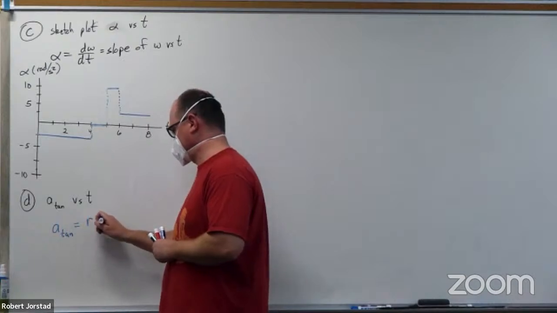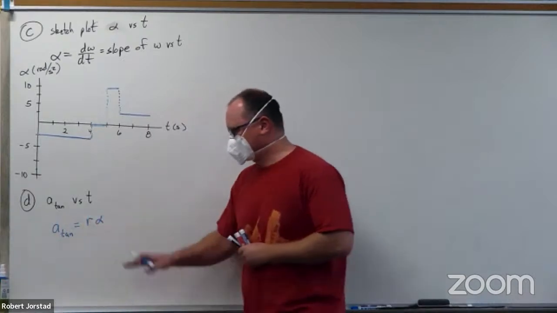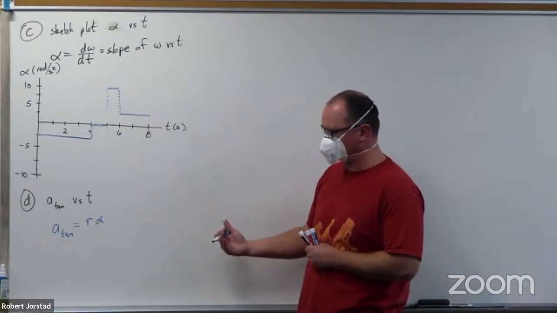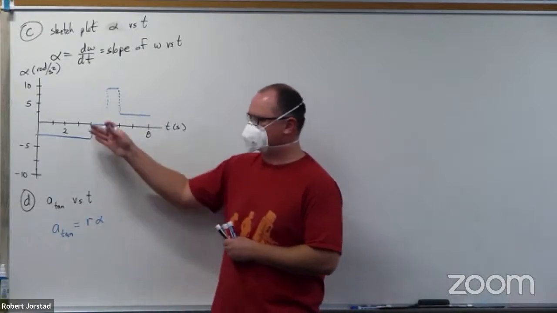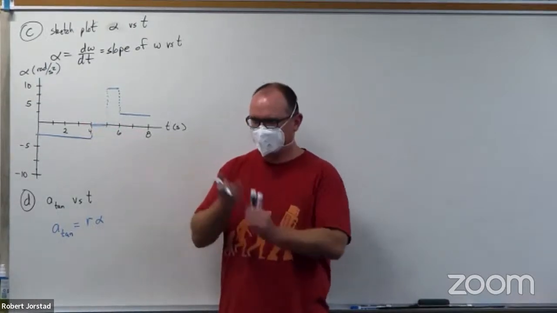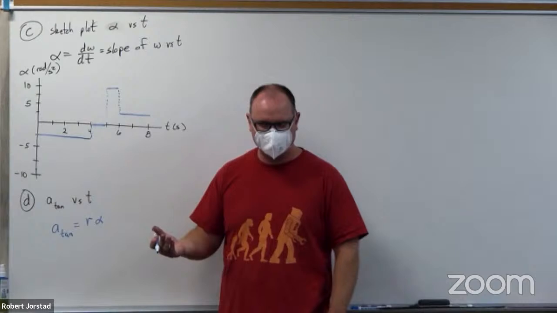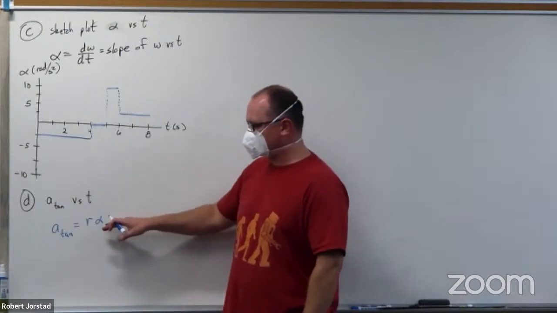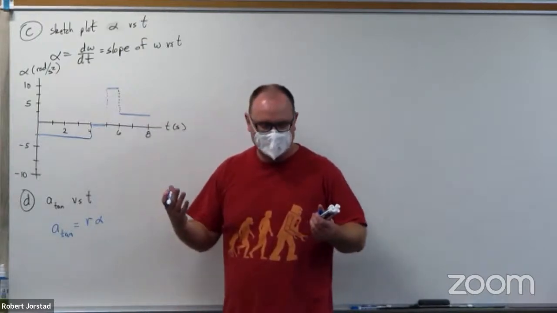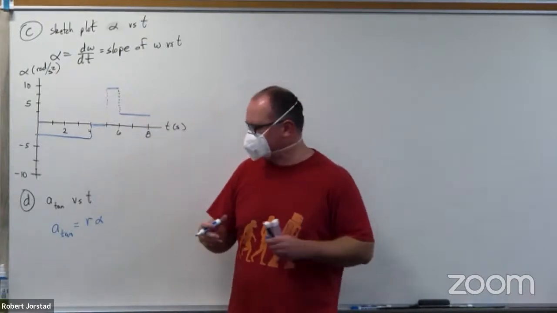So for A tan equals R alpha, what could we do? We multiply this plot by a radius and we're done. Does that make sense? And when you multiply by radius, you get meters per second squared. Piece of cake. Let's not even do it.